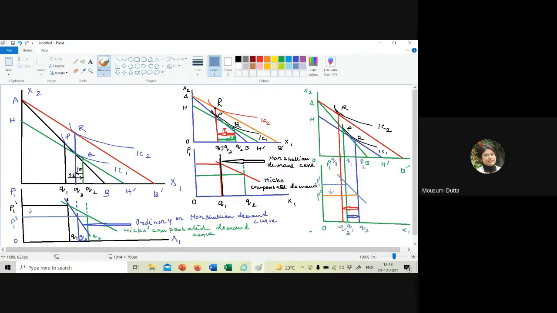Now the initial consumption point is this one, and the final consumption point is this one.